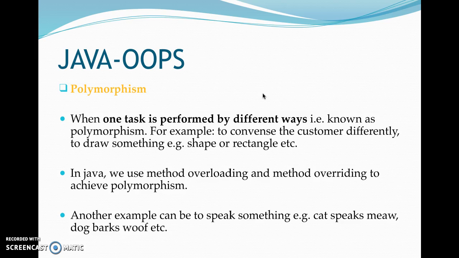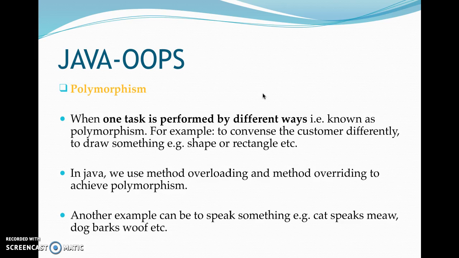Whether to draw a rectangle or a square will be decided when the method is called, at runtime. So one same method is doing multiple tasks based on the context of the call. In Java, we use method overloading and method overriding to achieve polymorphism.